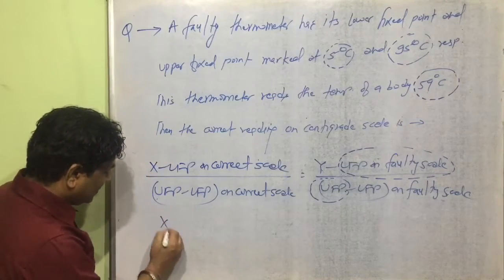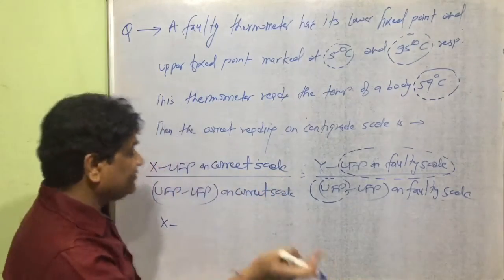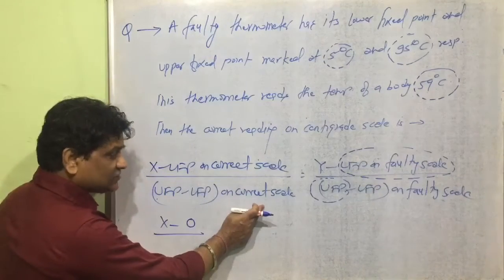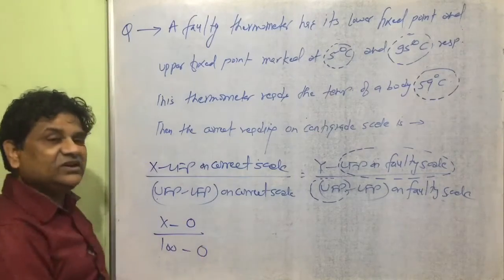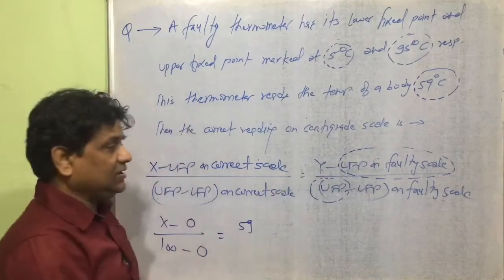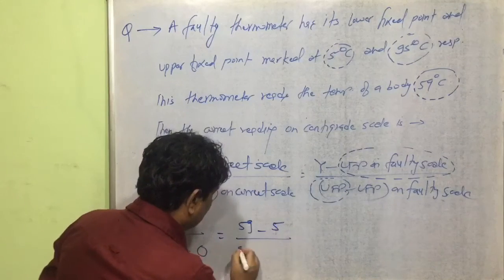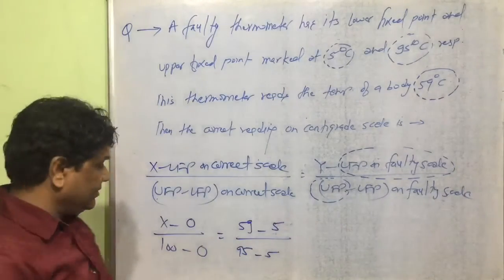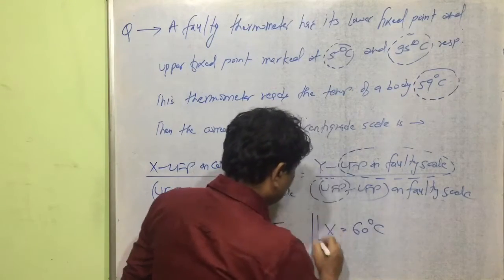So x minus lower fixed point on the centigrade scale, which is 0, divided by upper fixed point on the correct scale, 100, minus lower fixed point, 0, is equal to the reading on the faulty scale, 59, minus lower fixed point on the faulty scale, 5, divided by upper fixed point on the faulty scale, 95, minus lower fixed point on the faulty scale, 5. After solving this relation, you will get the value of x. It will come 60 degrees Celsius.